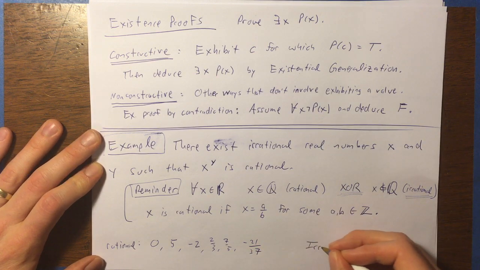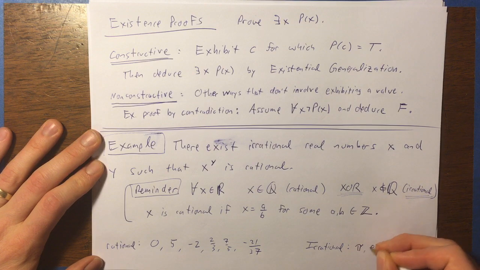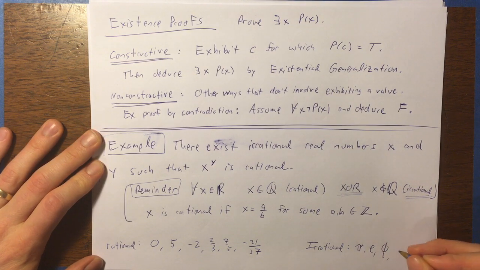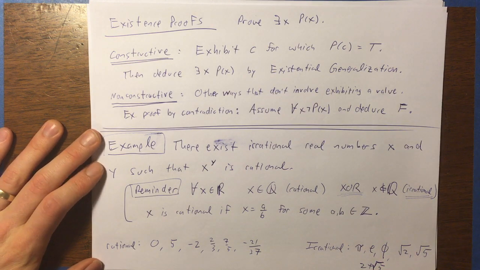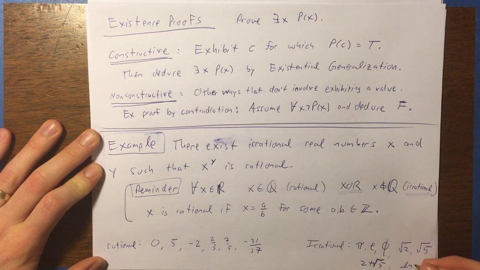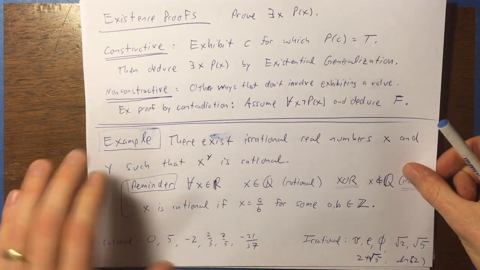The irrational numbers are harder to get your hands on, but they include things like pi, e, phi, the square root of 2, the square root of 5, and 2 plus the square root of 5. If you add an irrational number and a rational number, the result is irrational. Also, the natural log of 2 is an irrational number. So we're going to prove this.